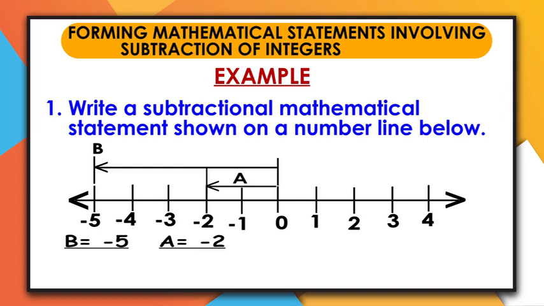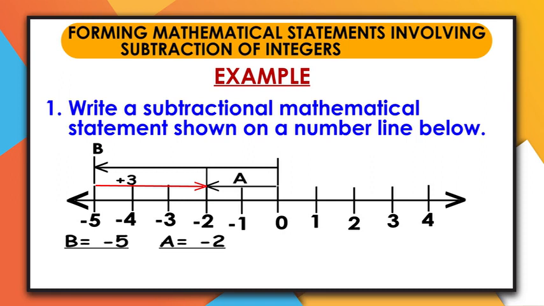The second arrow stopped on -5 and the first arrow stopped on -2. We are going to start from -5, looking for the first arrow where it stopped. That is from -5 to -2, getting +3 because you are going towards the positive, and there are 3 steps to the right. And because the second arrow also starts from 0, it implies subtraction between the integers on a number line.